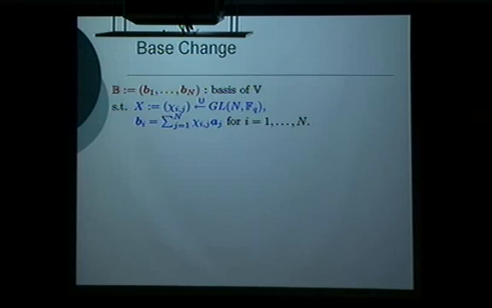Such a random basis can be obtained from a linear transformation of the canonical basis.